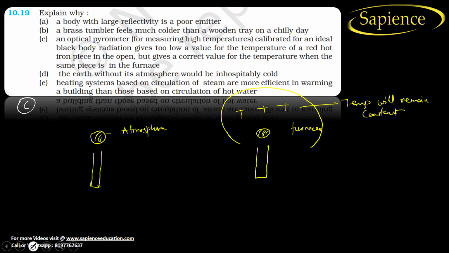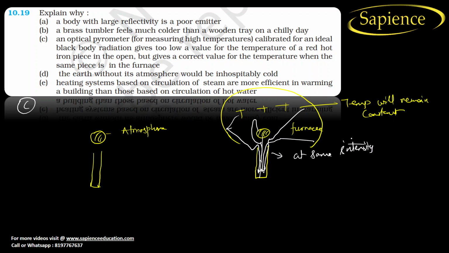So whatever reflection of the light there is due to the red hot body, all the reflection will come at the same intensity. But when we see the atmospheric case, let us consider one light from the iron came, but different light may come from the different sides.